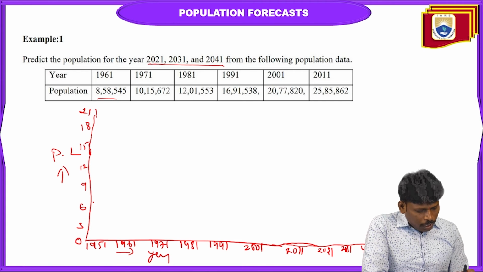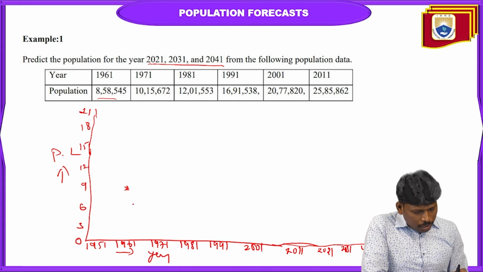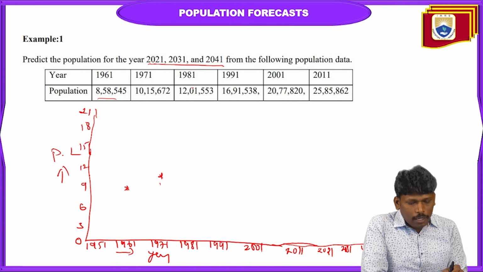It is around 8 lakhs, so somewhere here we will get 8,58,000 as the starting point. You just put one mark, and then 10 lakhs in the next decade, that is 1971. Corresponding to 1981, it is 12 lakhs exactly.